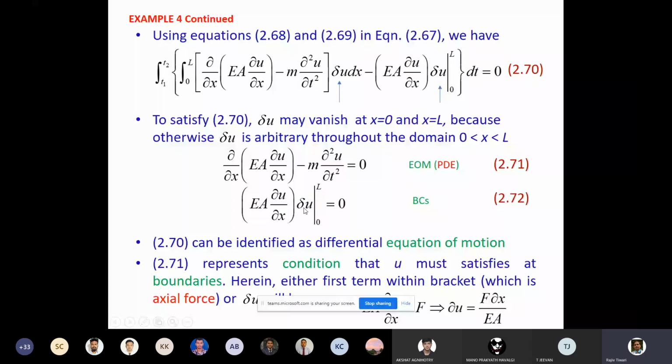When I say at x equal to 0 del U is 0, the reaction force will not be 0 at the fixed end. At the free end, because U is not 0, this will be 0. This free end is free to expand, so there will not be any axial force there. So one of them will be 0. That's why it has been retained here.